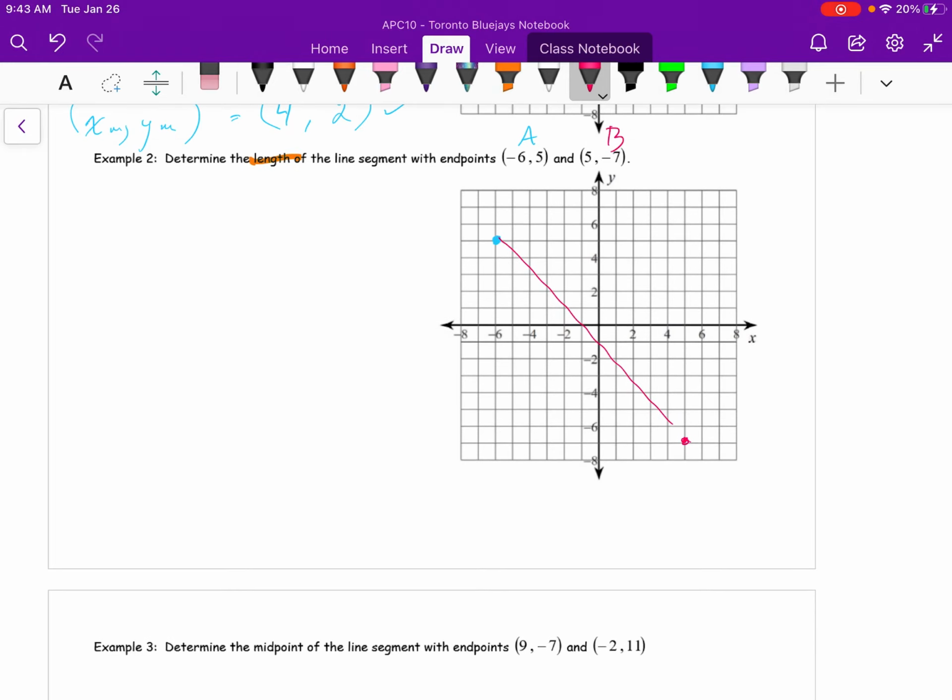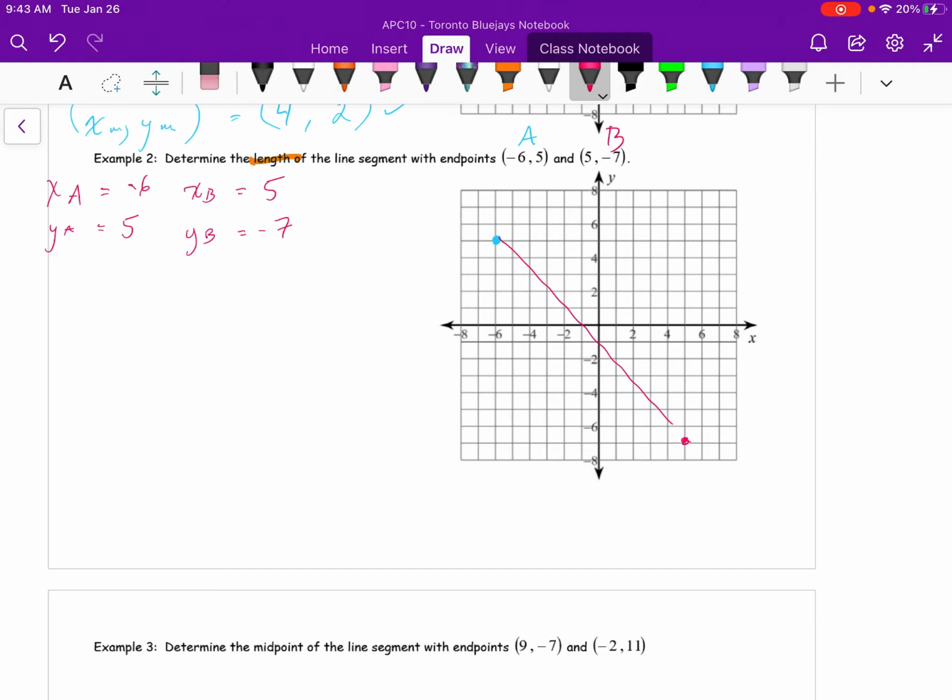So I know XA is equal to negative 6, YA is 5, XB is 5, YB is negative 7.